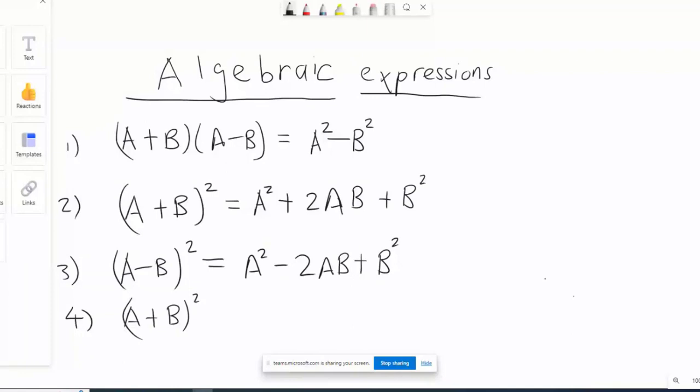Sorry. Right? This you can write as a cubed plus 3a squared b plus 3ab squared plus b cubed.